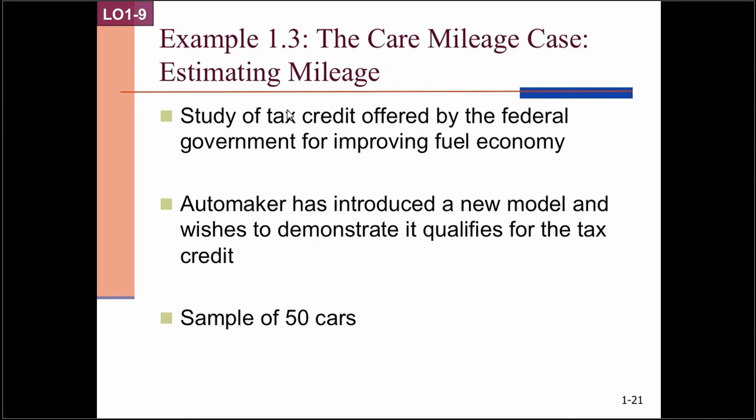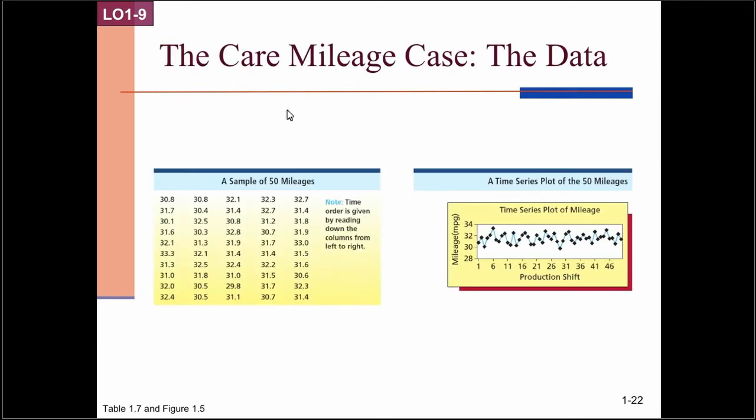So they have 50 cars, and accordingly they're going to come up with a conclusion if they keep trying to estimate the mileage over time for each of those cars and see which one really maximizes the mileage.